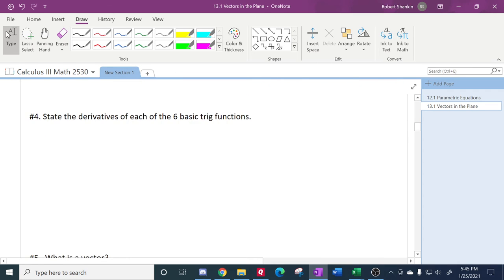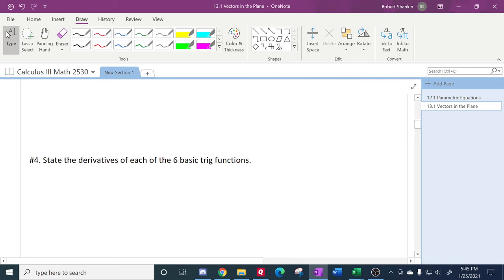Okay. State the derivatives of the 6 basic trig functions. From memory? From memory. Don't look any of these things up. Yes, very important.